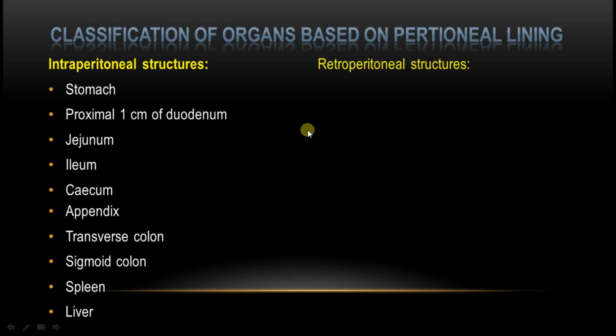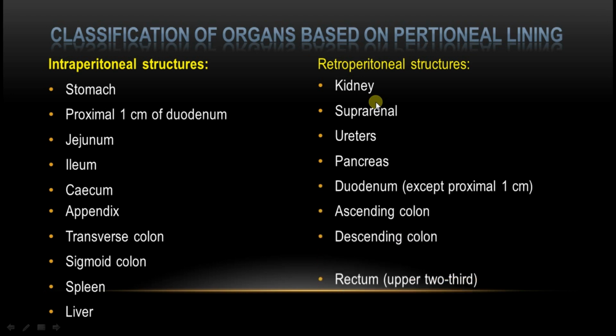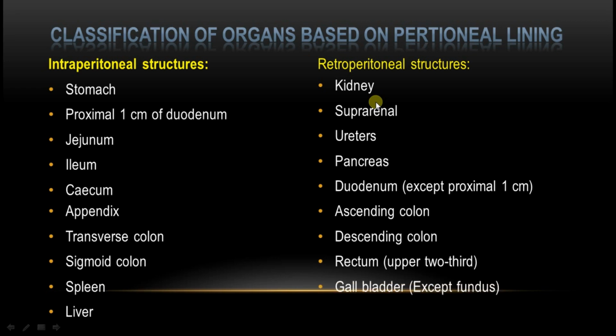Retroperitoneal structures are, except the proximal 1 centimeter, the remaining duodenum, all the posterior abdominal wall structures, kidney, suprarenal, pancreas, ureters, ascending colon, descending colon, rectum and gallbladder. Gallbladder is actually covered by peritoneum only on the inferior surface.